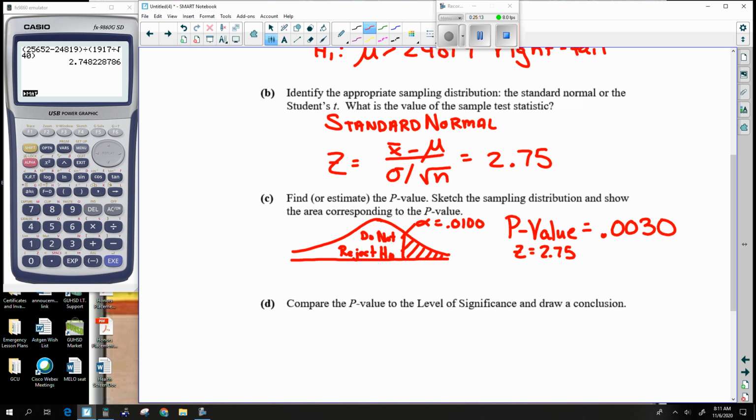Looking at my p-value, think of this as a distance from the edge. This is 0.01. This next one has 0.003, so it falls short. This is where our p-value stops.